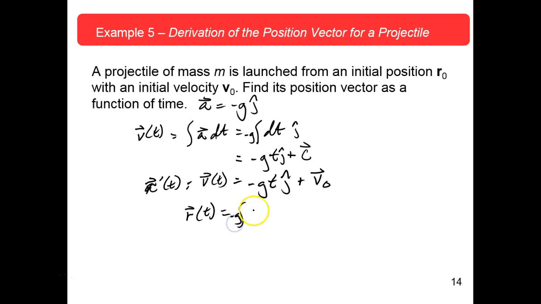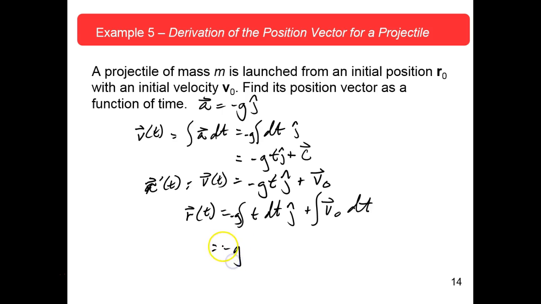And what will that give us? I'll put the minus g out here, the t in here, dt here, and the j here. And I'm just going to put V0, but we've got to integrate that as well. dt. What do we get?